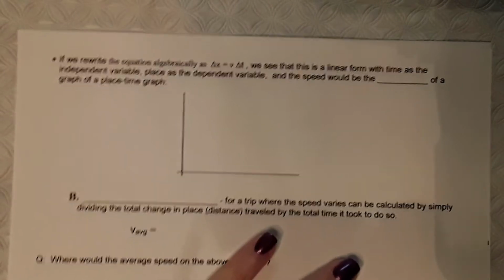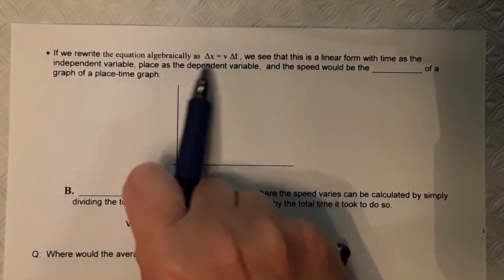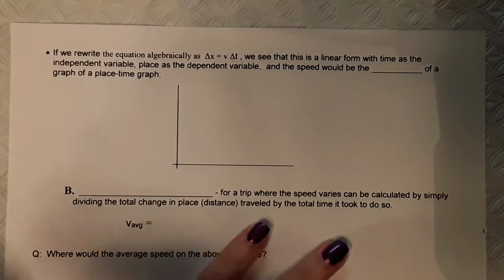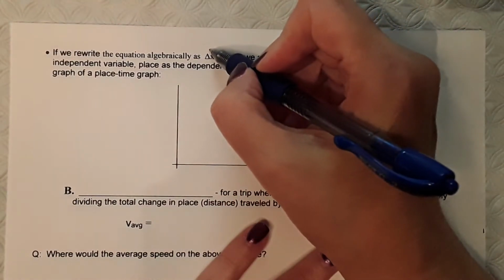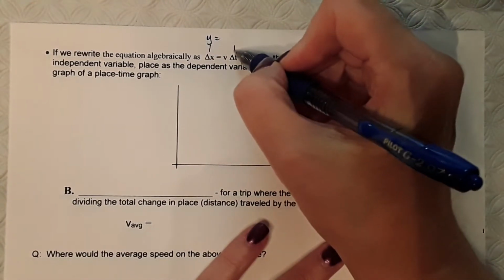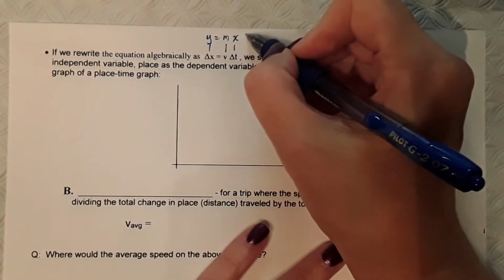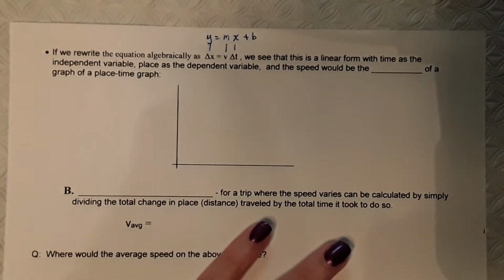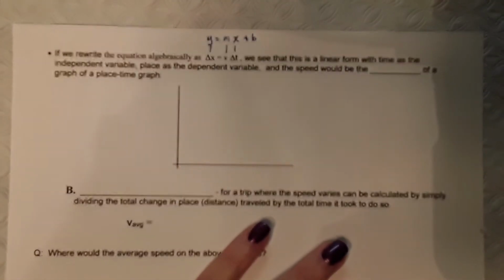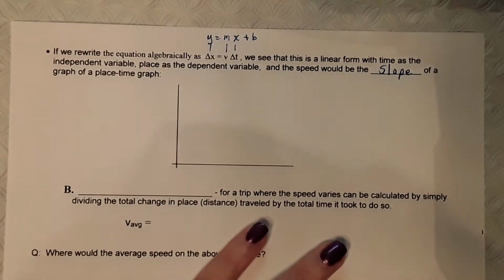Now, looking at the form of this formula, we can see that this is a linear form of equation where the change in place, or the distance, would be the y, the change in time would be the x, and therefore the slope would be the speed. So the slope of a place-time graph is speed, okay? The slope is the speed.